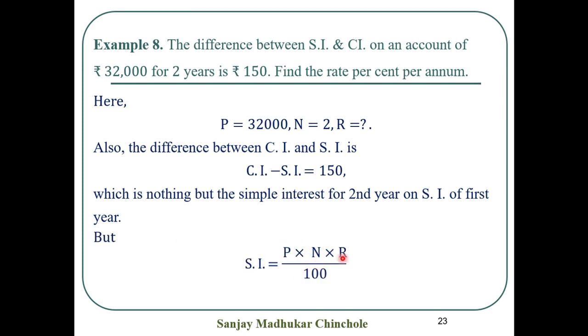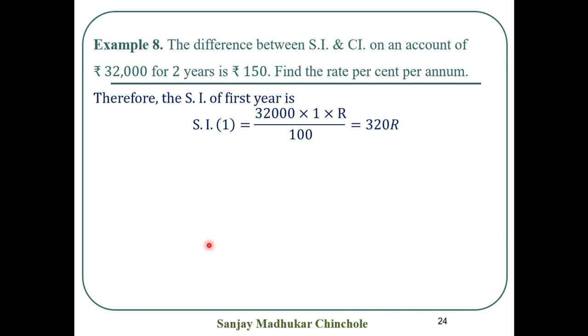but simple interest is equal to P into N into R upon 100. So we will get this simple interest for the 1 year is equal to 32,000 into 1 into R upon 100 is equal to 320R. Here principal is given to be 32,000.